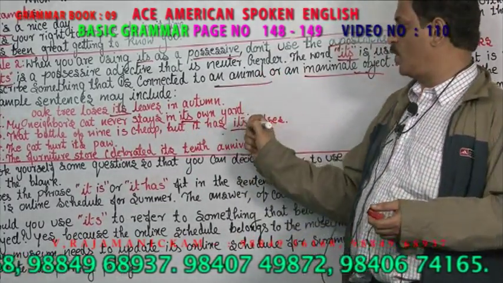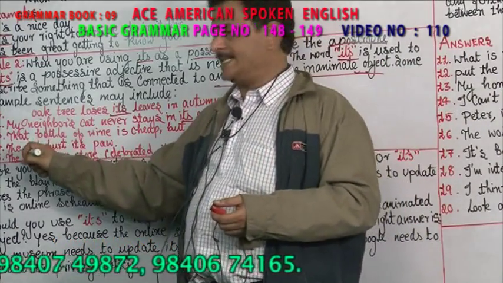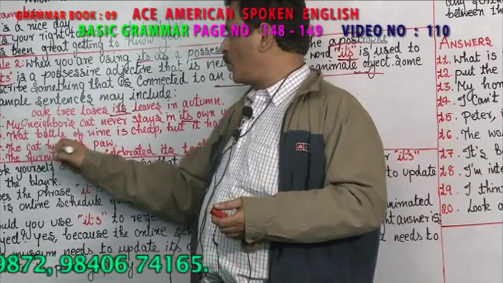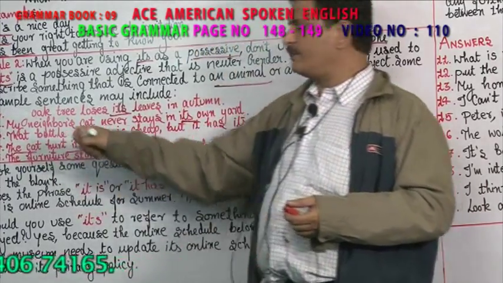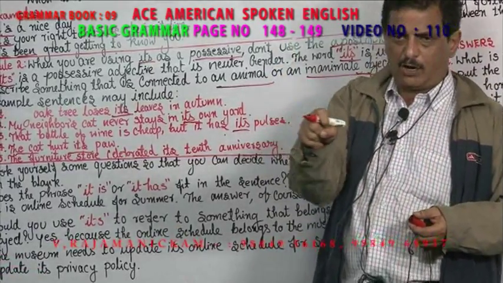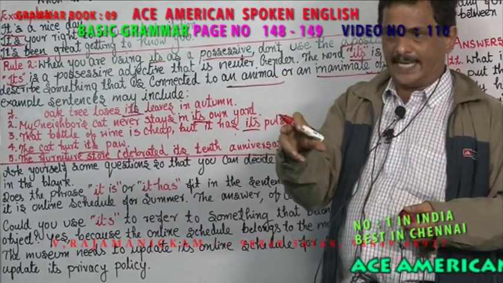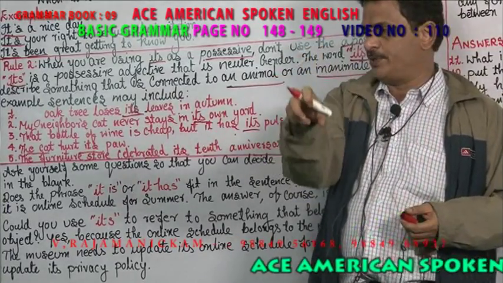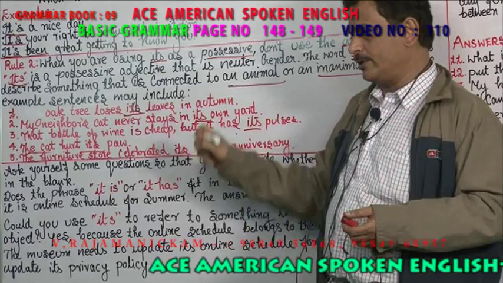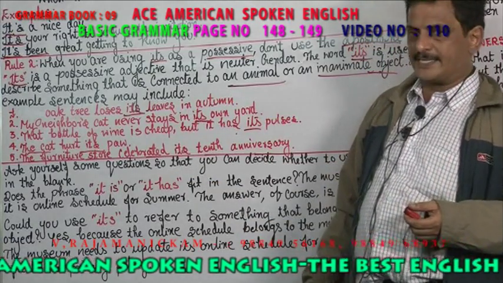So it stands for what? The bottle of wine, right? The cat hurt its paw. So this it stands for what? The cat, right? So for possession by an animal or inanimate thing where you want to use the possessive adjective, you are using its without apostrophe, right sir?